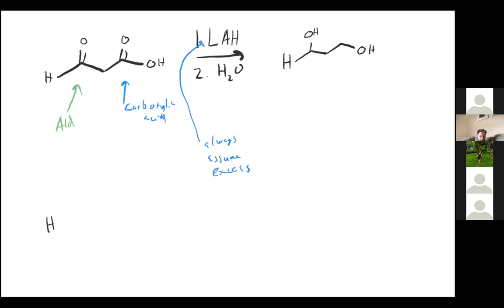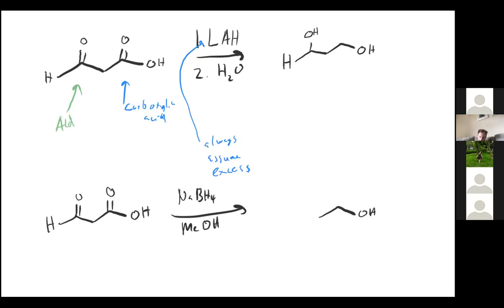Alternatively, our softer reducing agent, which doesn't have the ability to reduce a carboxylic acid, so throwing in sodium borohydride, he's only going to be able to reduce our aldehyde. And this will give us some selectivity.